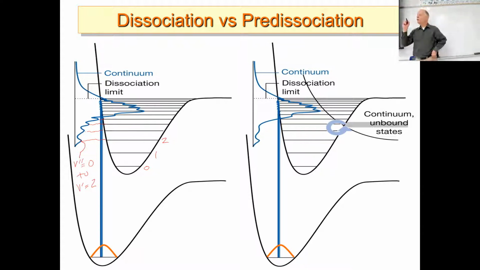So every one of those little bumps can be assigned to a particular vibrational transition. Notice because of anharmonicity, there's a vocabulary word for you, the anharmonic nature of that upper potential, those vibrational levels get closer together, don't they? And so they get a little bit more difficult to assign as they get closer together.